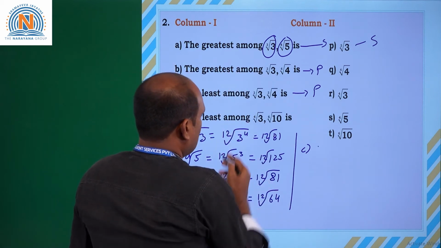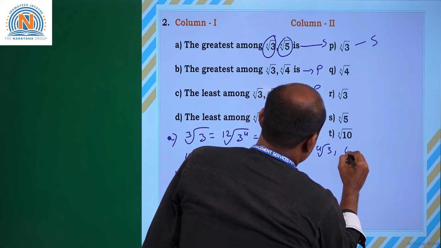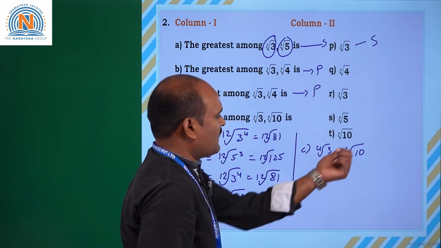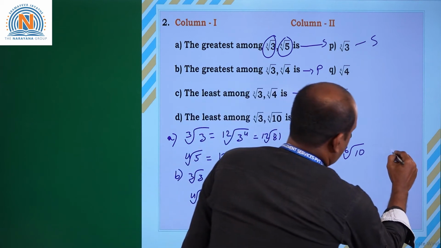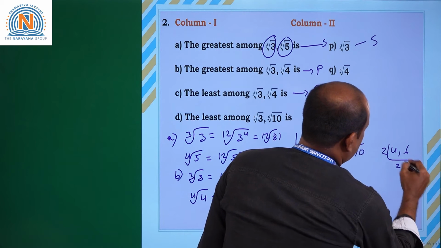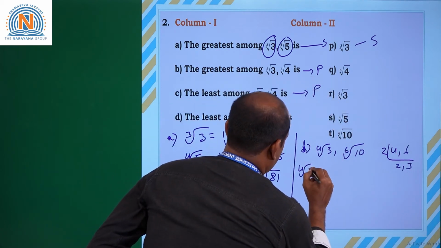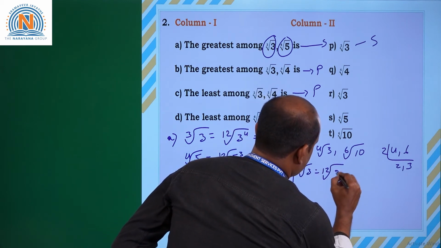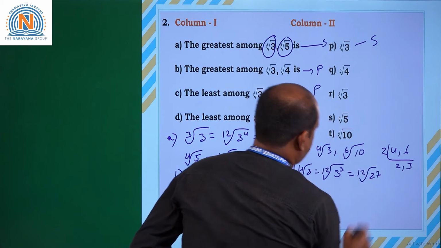Here also, fourth root of 3 and sixth root of 10. The order of this surd is 4 and the order of this surd is 6. So LCM of 4 and 6 is 12. So fourth root of 3 is nothing but 12th root of 3 cube, that is equal to 12th root of 27.